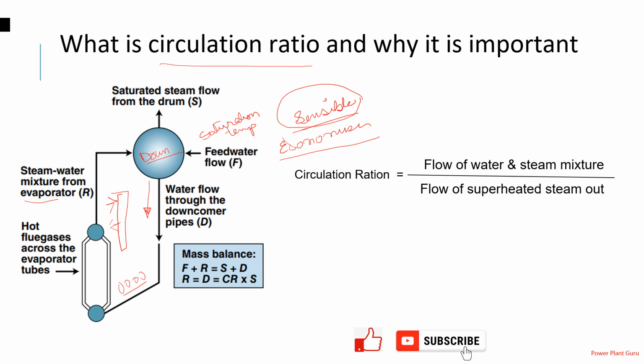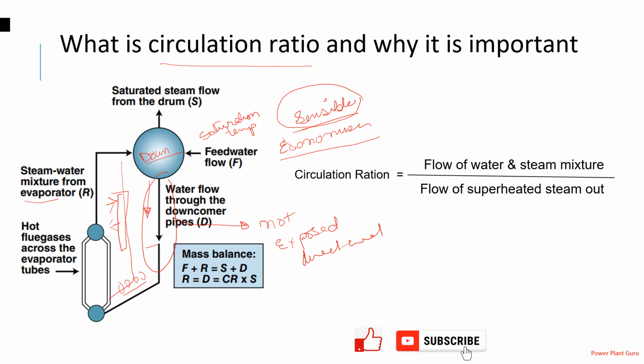What will happen here? There will be a significantly high temperature here. Here there will be low temperature, because these downcomers are not exposed to direct heat. This is a very important point: not exposed to direct heat. That means here the water will be relatively colder, and here the water will be relatively hotter.